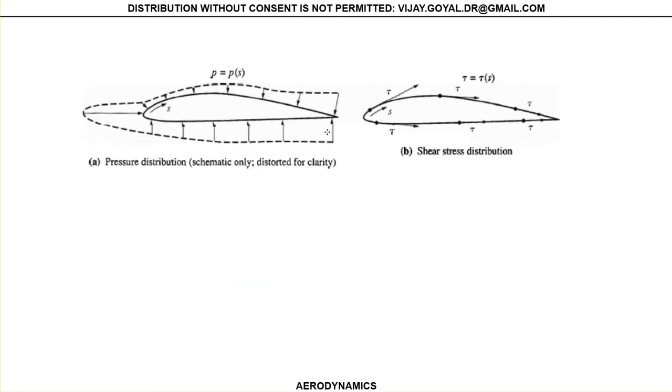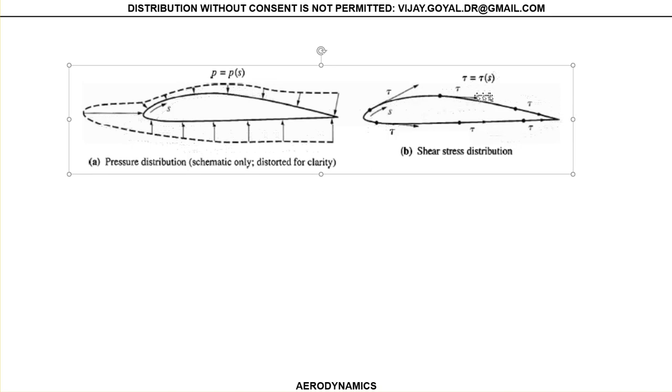So in general, your flow is going to look something like this, where you have the pressure distribution, as I mentioned to you, and this will be your distance S. This is the distance S going around your contour.